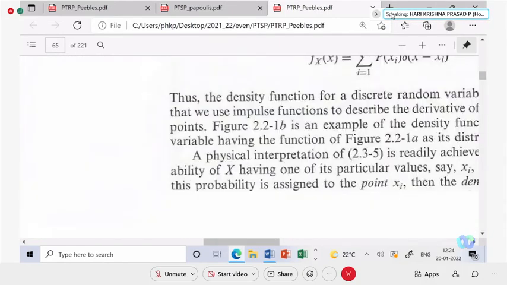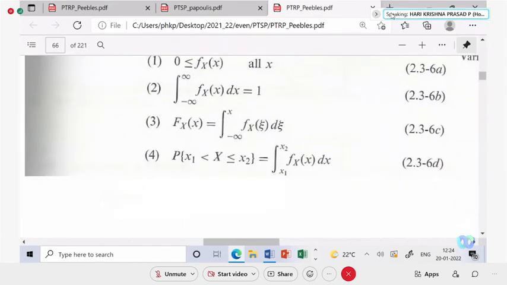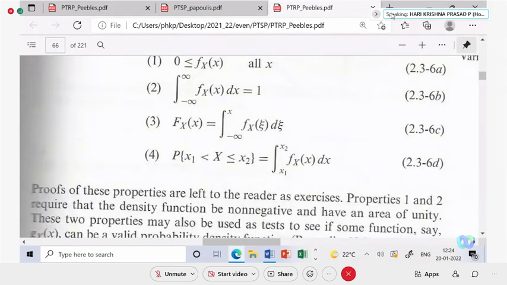Let us see the third property of the density function, that is, to get the value of the distribution function at a specific value of x, on the right hand side, I need to integrate the density function from minus infinity to that particular value of x. Normally, the derivative of the distribution function is the density function. If I take the integral of the density function, that should lead to the distribution function.